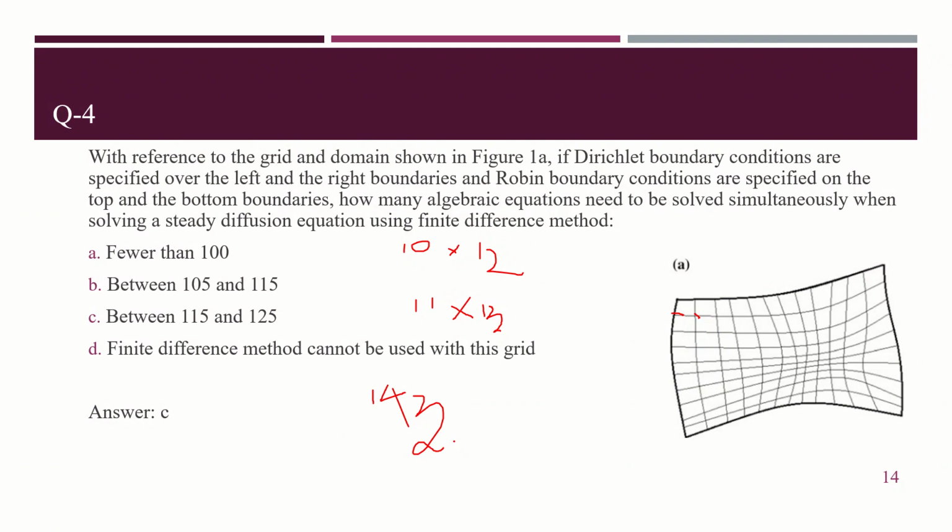Left and right we will be using the Dirichlet boundary condition, so those values are known. We need to subtract that. So it is 143 minus 11.